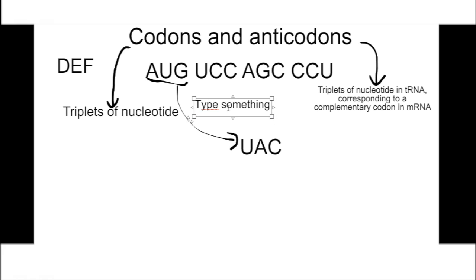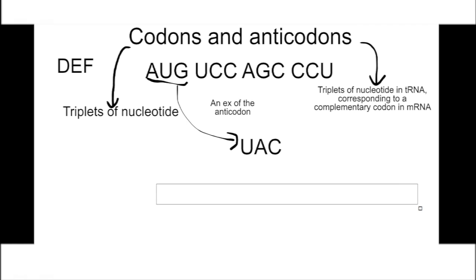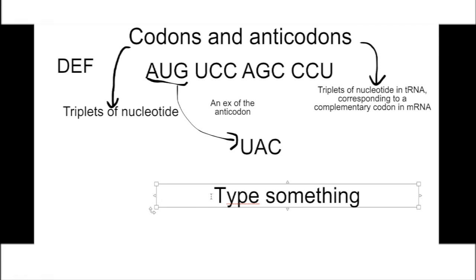Next we have G, which is guanine, it matches with cytosine, which is C. For the rest of the example, which is UCC, AGC, CCU, you will continually do it based on the templates that I listed before.